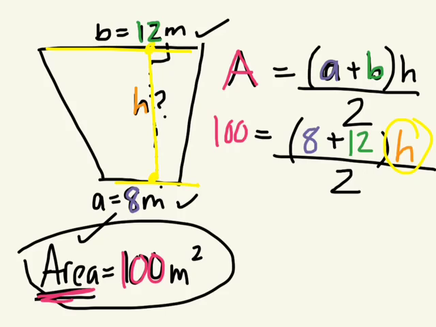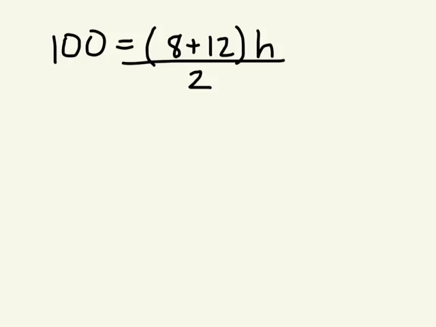Okay, so what's the first thing you do to simplify? Looking at the left side and the right side, we have 100 on the left side. And on the right side, we can simplify what's in our brackets. What's 8 plus 12? 20. Good.